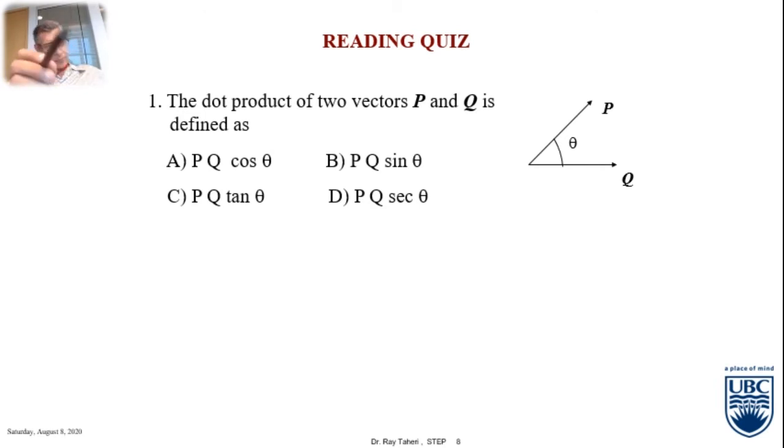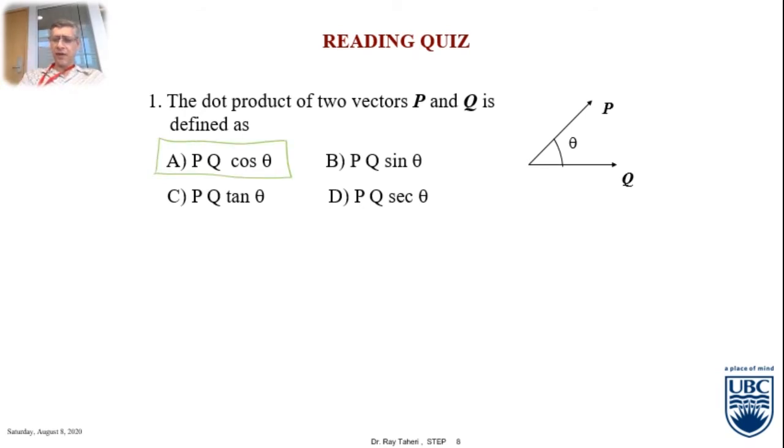First thing, just like a reading quiz. The dot product of two vectors P and Q is: PQ cosine alpha, PQ sine alpha, PQ tangent, or PQ secant? So the answer is this.